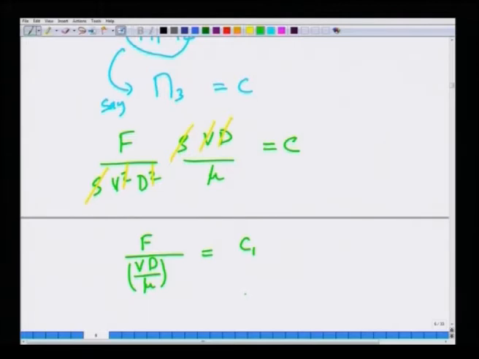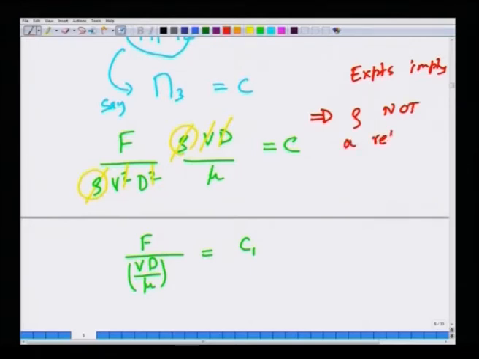So, what this means is that rho, which was thought to be a physically relevant variable originally, is dropping out of the functional relationship as given by experiments. So, the experiments are telling us that rho is not a relevant variable.